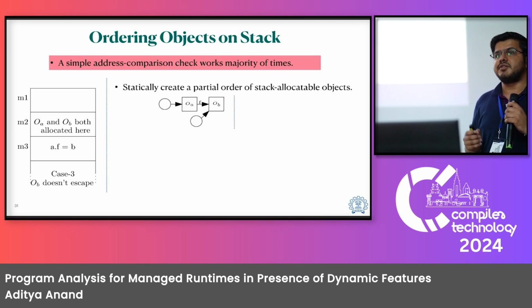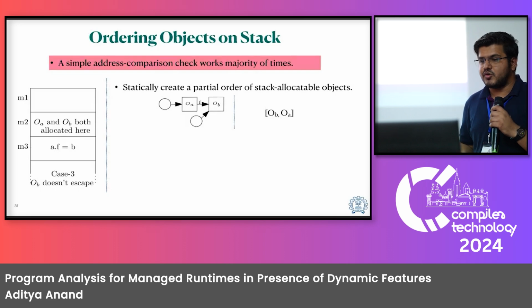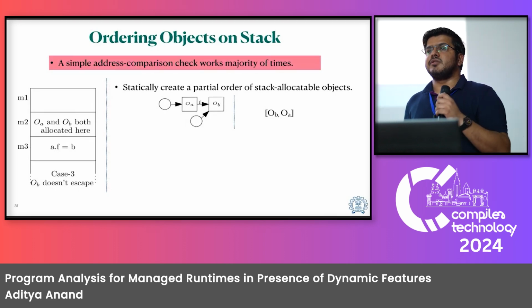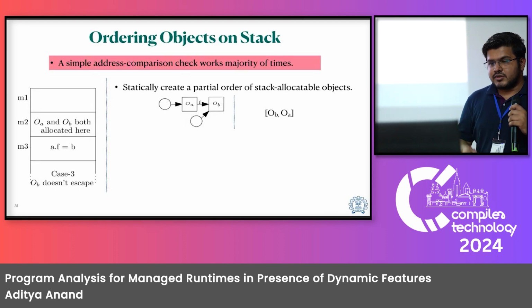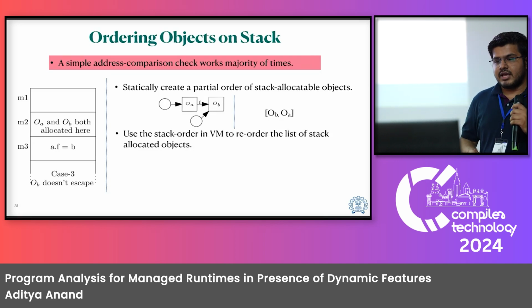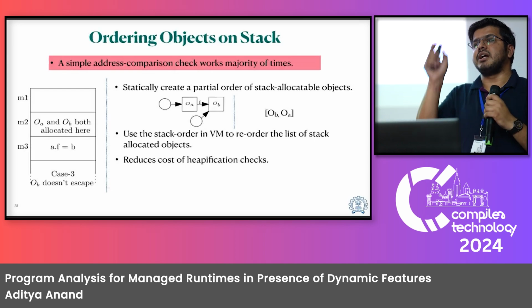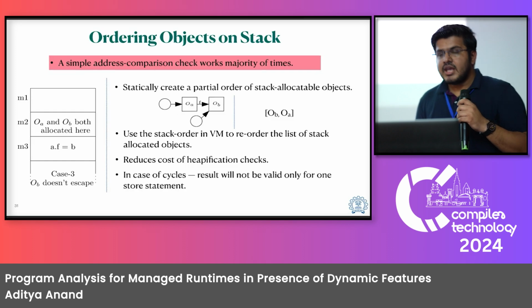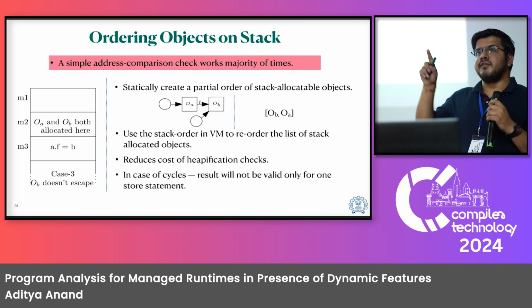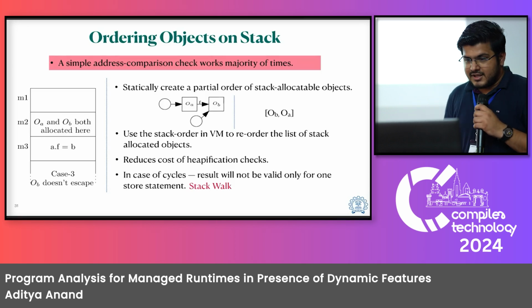We use the points-to graph idea: if we have object OA pointing to OB, we say that OB should be stored first and then OA. This is how we allocate objects on the stack. This reduces the heapification check cost, and the majority of the times we will be using that simple conditional check. Of course, in case of cycles, we will still be doing stack walks.